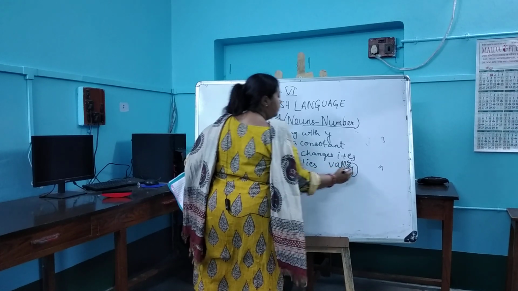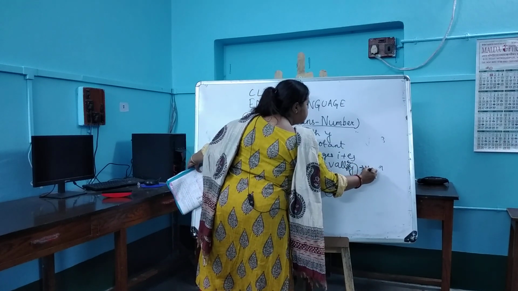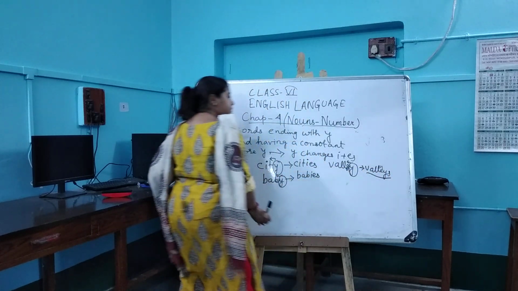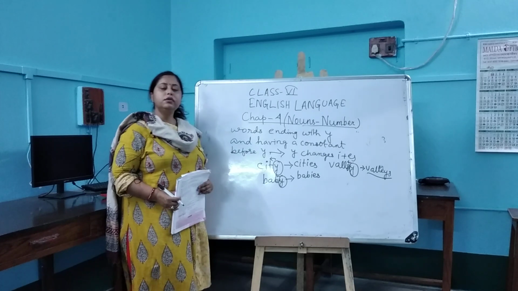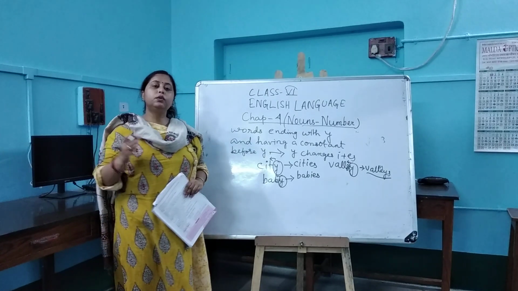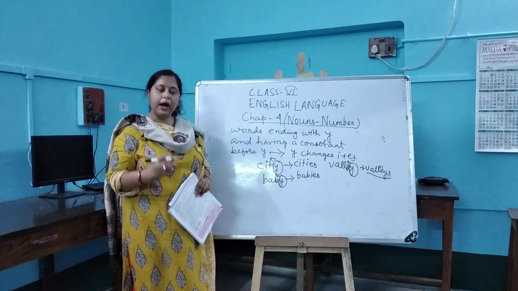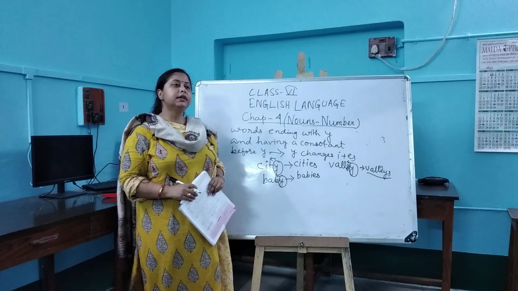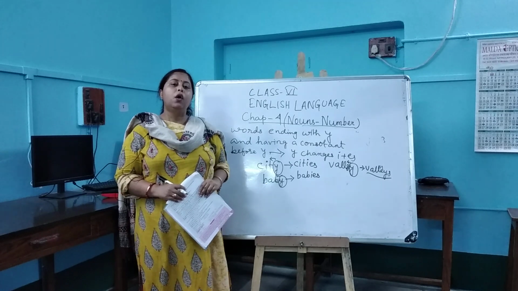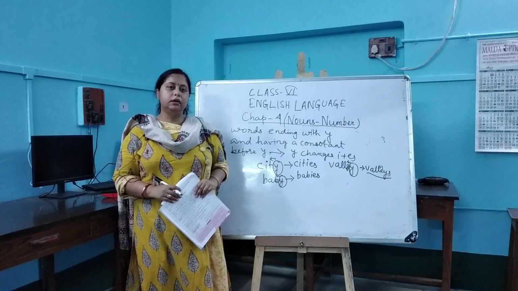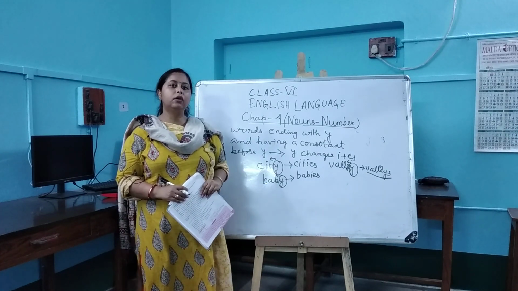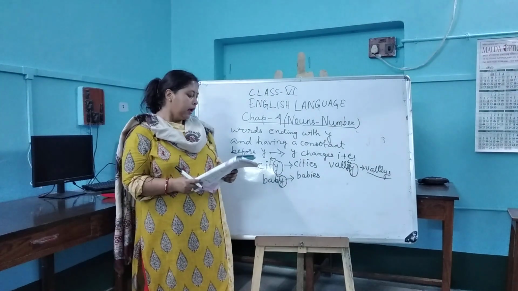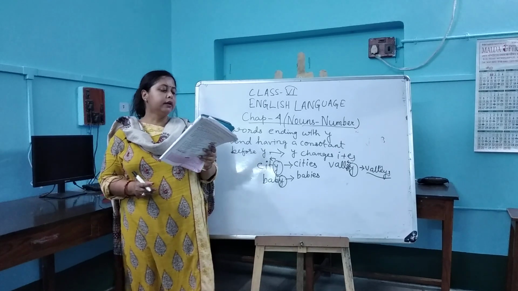How do we change it? We just add s. When a singular noun ends with y, but before y there is a vowel, then we change the form by adding only s to the word. Have you understood now this one?